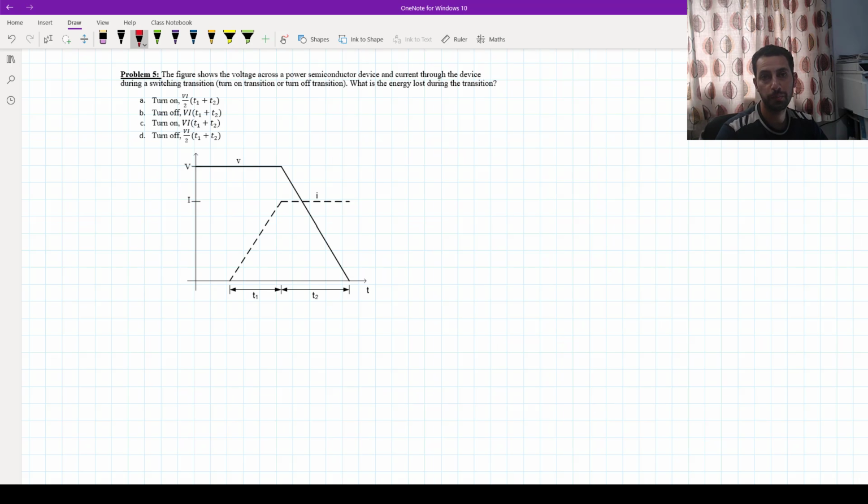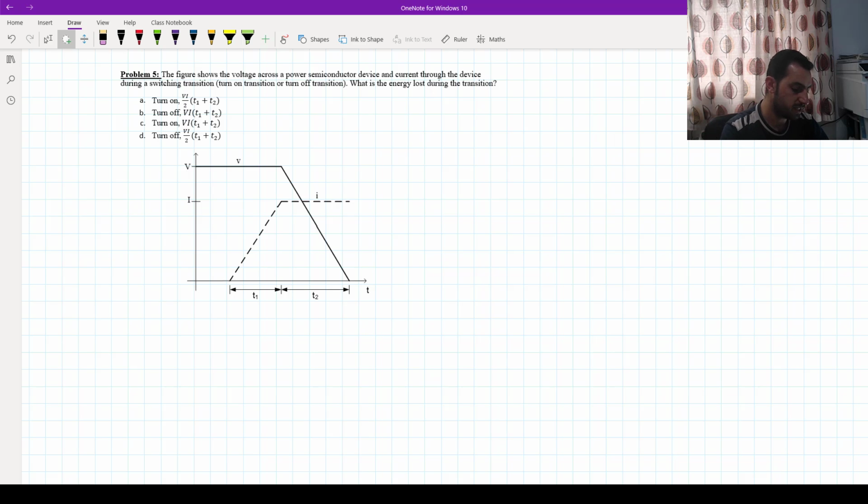Now let's move to problem number 5. We have this figure. That figure shows the voltage and current across the semiconductor device, and we have here the voltage and here the current. All right, so during switching transition, there are switchings that happen, maybe turn on or turn off.